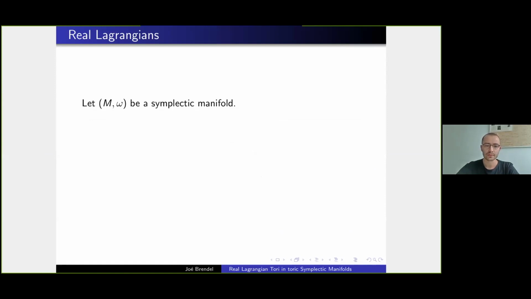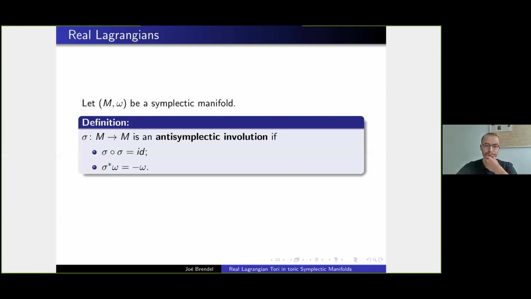So I fix a symplectic manifold (M, ω), and on this symplectic manifold, I choose an involution which reverses the symplectic form. By involution, I mean it squares to the identity. And by reversing ω, I mean the pullback goes to minus itself.